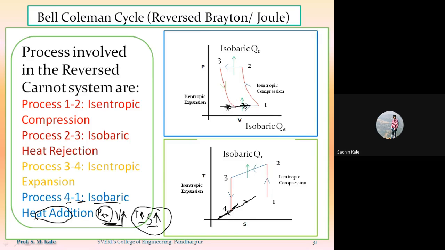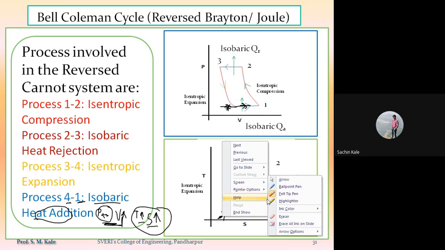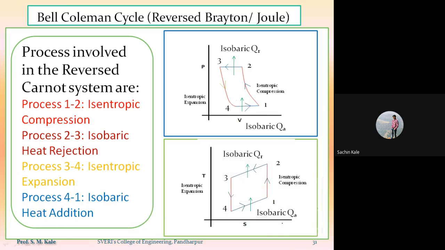But towards this direction, temperature as well as entropy is increasing. That's why I'm going to draw the line towards this direction. So that process will be likewise. This will be the PV and TS diagram for the Bell-Coleman cycle, that will be called the reverse Brayton or Joule cycle. Are you getting?